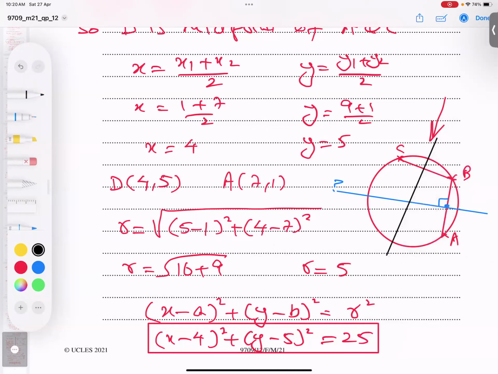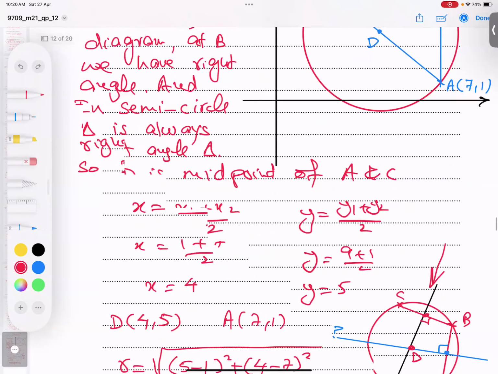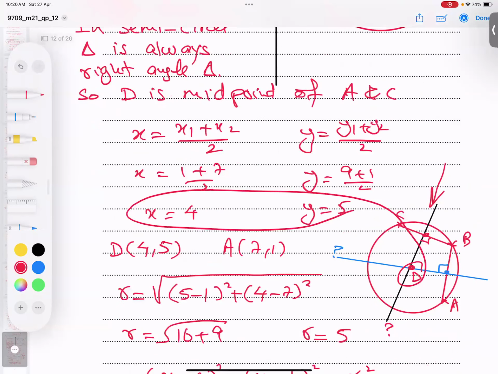Students, what is the basic criteria? This is the midpoint and 90 degrees, and this is the second perpendicular. And where they meet is always the center of the circle, that's the rule. So you find one perpendicular bisector, find the second, and solve them simultaneously. This is the ultimate method. If you apply it here, you'll see you get the same D coordinate, (4, 5).